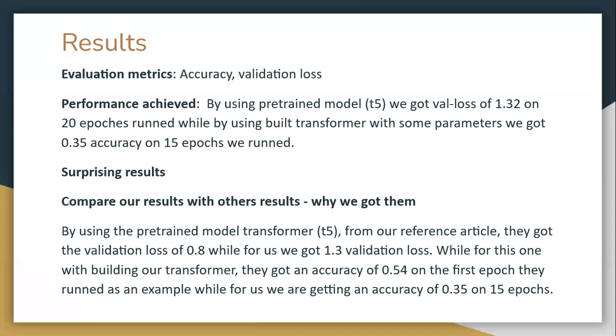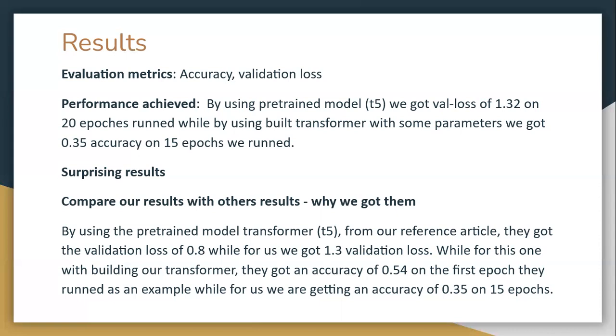And we have also built our own transformer model, and we got an accuracy of 0.35 on 15 epochs we trained. This accuracy was somehow surprising because we were expecting to get good accuracy.